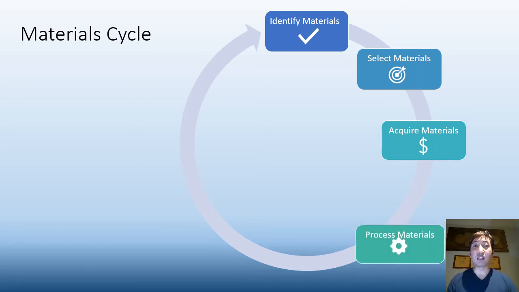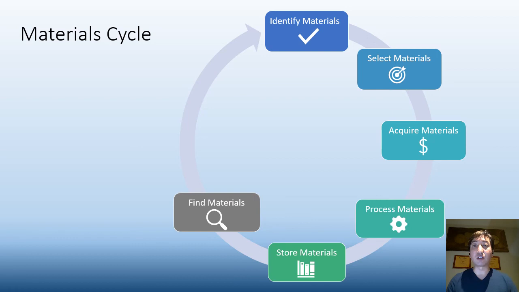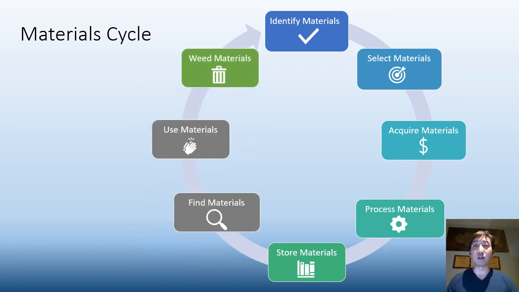They are then received and processed and stored. If all is done correctly, the materials can then be found by community members who will hopefully use the materials. After their use is no longer needed, those materials can be weeded to make room for new materials to be identified.